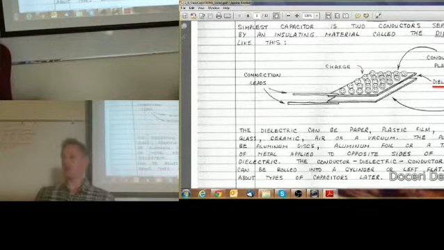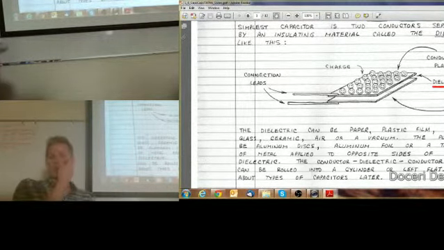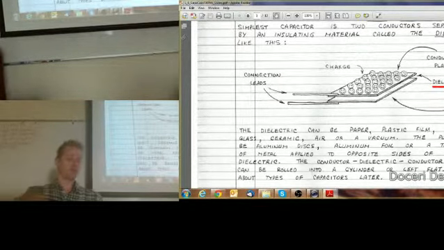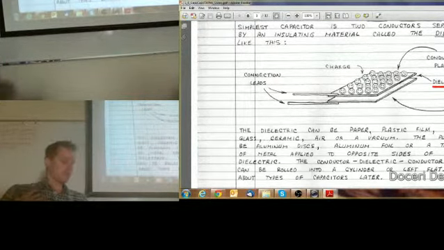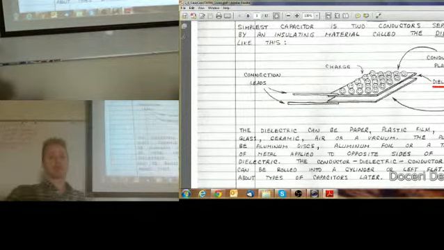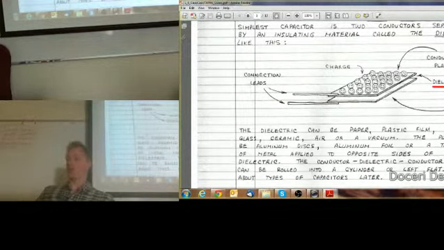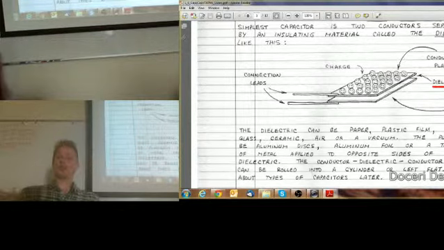Di means between, and electric originally meant insulator, in the way it was originally defined. It's an insulator that's in between the two plates. The term electric was coined for whatever objects tended to have electric charge when you rub them.